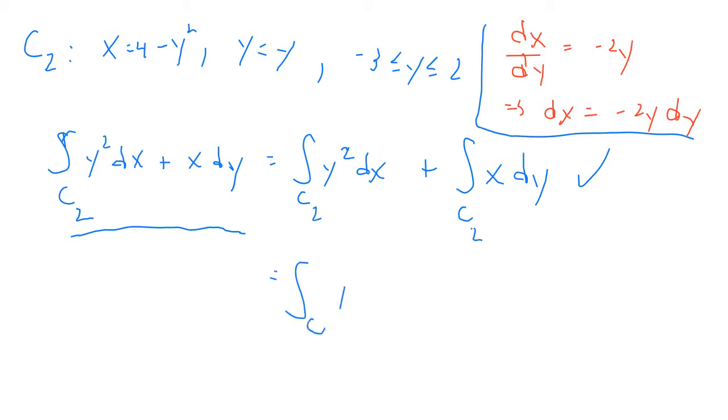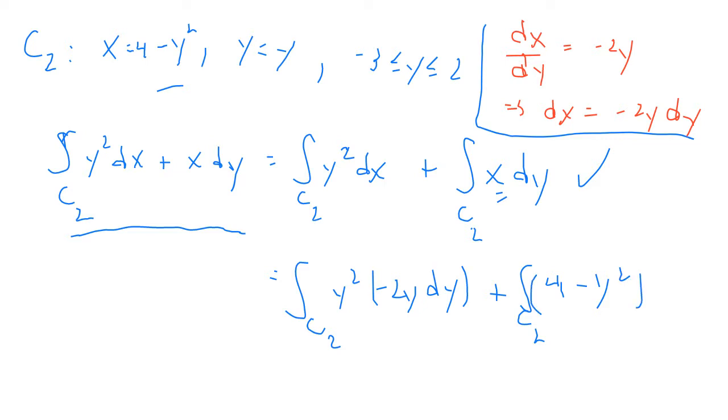So in this integral here, I can replace dx with negative 2y dy. And in the second integral, x is equal to 4 minus y squared, so I'm going to put 4 minus y squared. You see the parameter is y, so we want everything in terms of y.